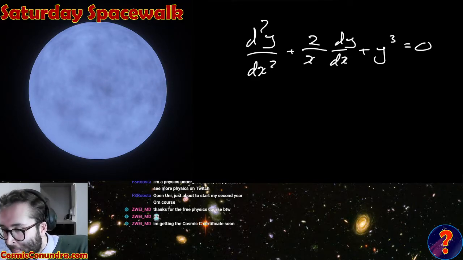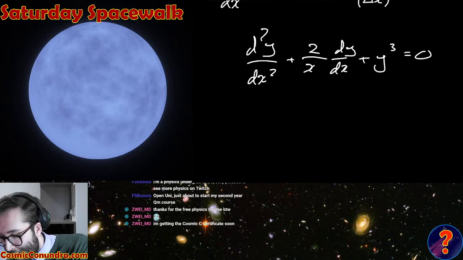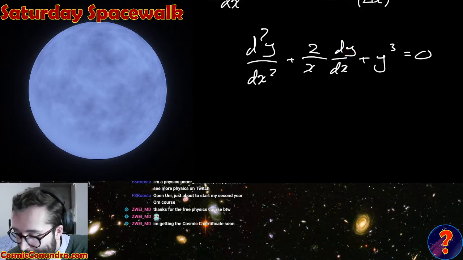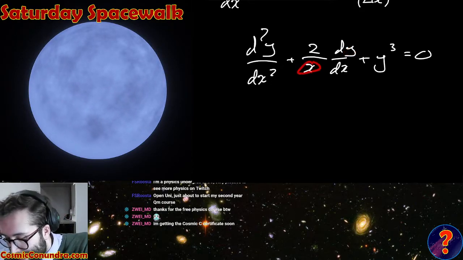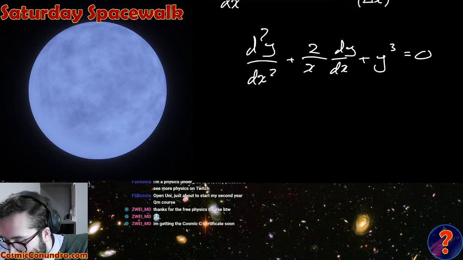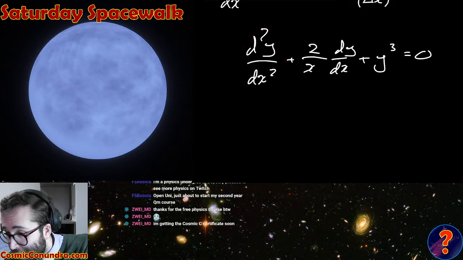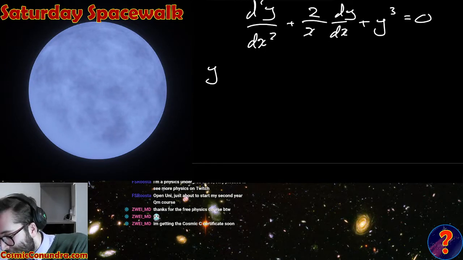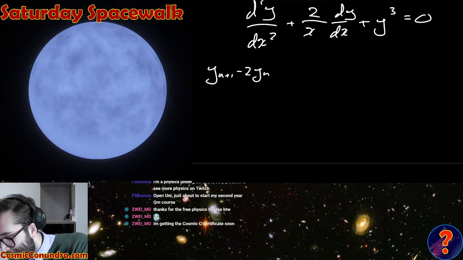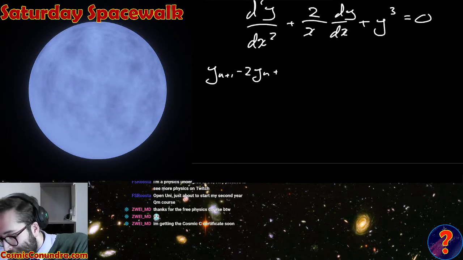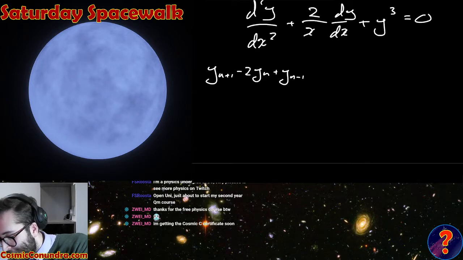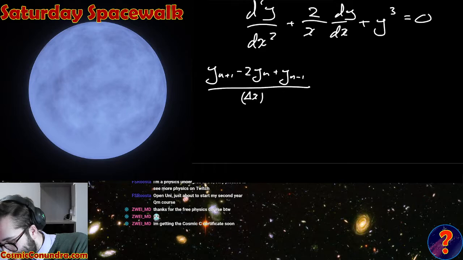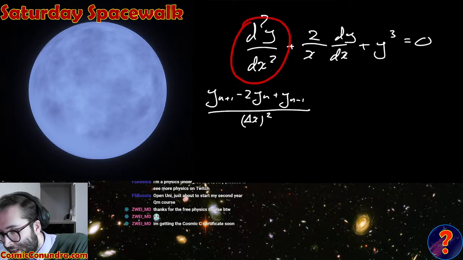Okay, so we want to replace everywhere where there's a y with yn. We want to replace x with xn, and we're going to replace these derivatives by the expressions we've just found. So doing that, this becomes yn plus 1 minus 2yn plus yn minus 1 all over delta x squared. That's for the second derivative here.